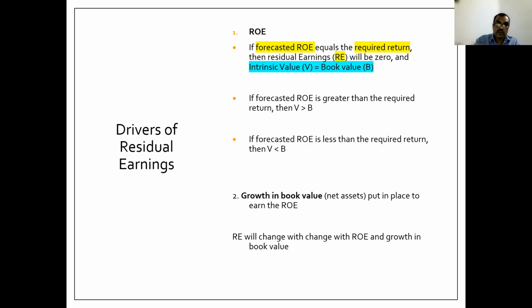But in case you are asked which one would be more superior, residual earning or growth in book value, of course the residual earning would be superior, because the growth again can be manipulated by manipulation of earnings to some extent. However, that can be done only for a couple of years, not all the time, because once the book values are inflated, the values also can be increased through manipulation.